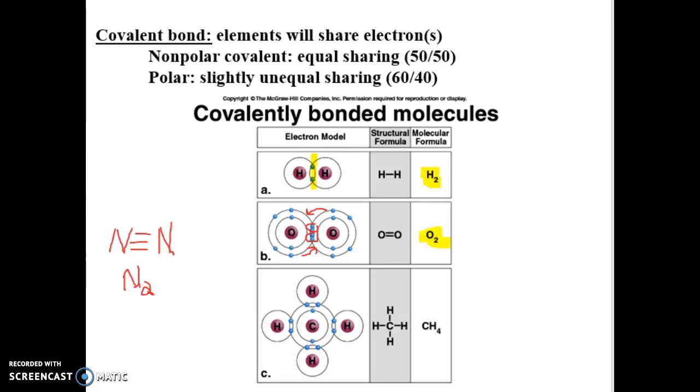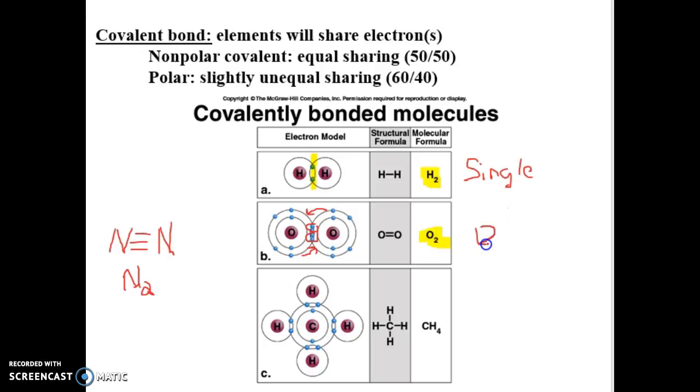In a nonpolar covalent, it's a 50-50 sharing. In a polar covalent, we get the slightly unequal, we'll call it 60-40. With nonpolar covalent, we have a single type of covalent bond in which one electron is shared from each.